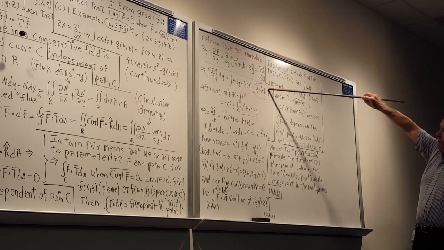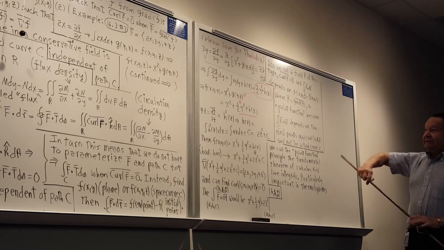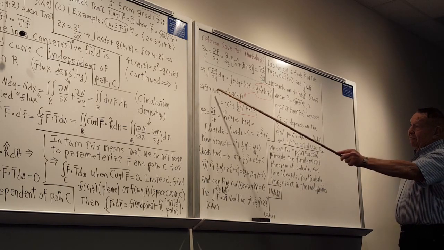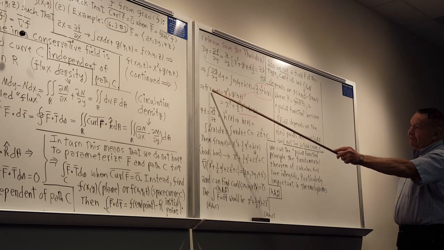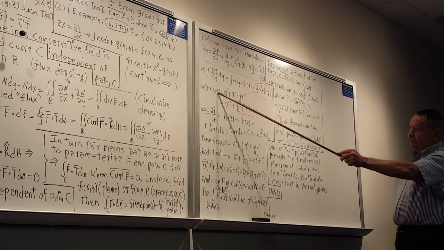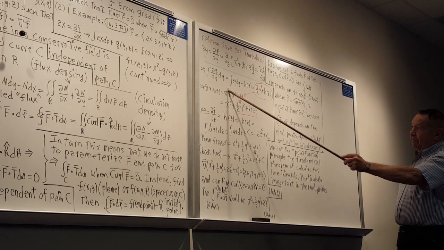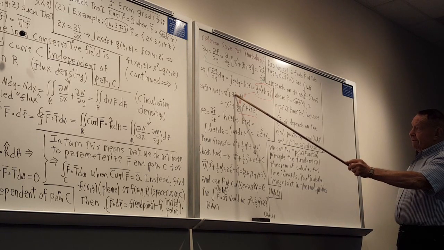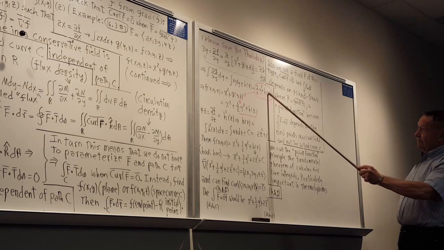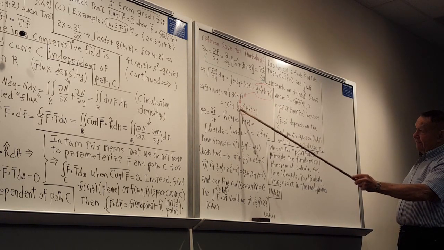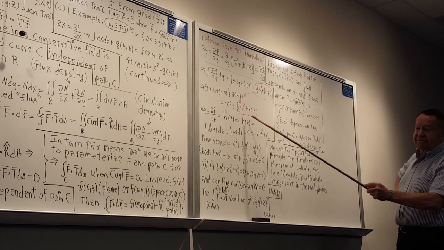And now you have to determine that. Same game. So what you know at this point is that your scalar potential is x squared plus the g, and the g in turn is this, 3/2 y squared plus h of z.